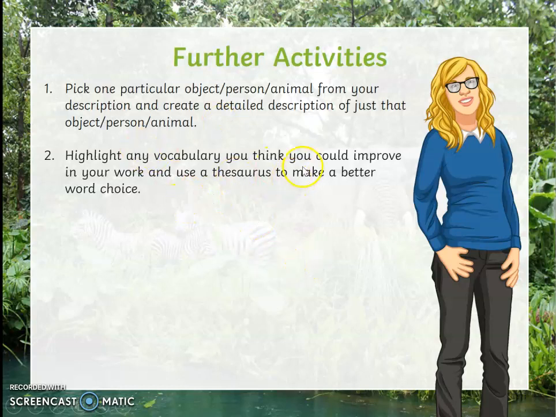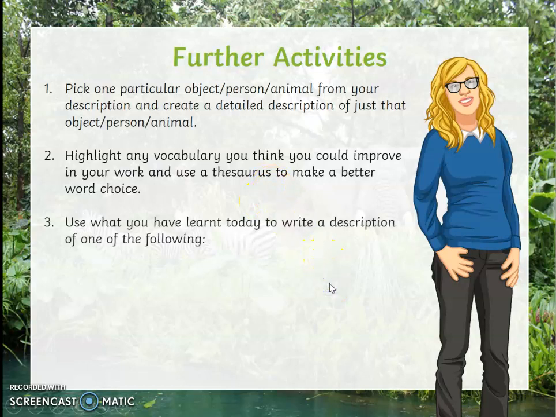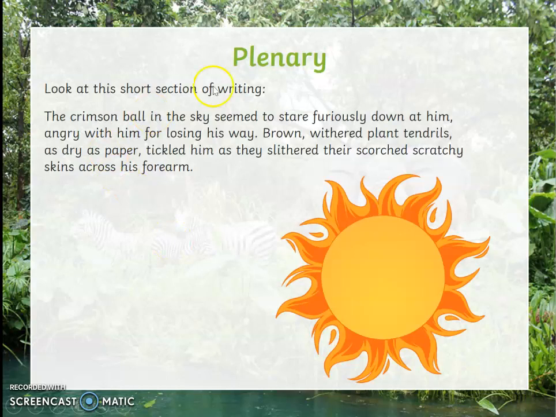Okay, then highlight any vocabulary you think you could improve in your work and use a thesaurus to make a better word choice. Use what you have learned today to write a description of one of the following. I'm giving you some topics like a beach, a busy market, the first day of school.